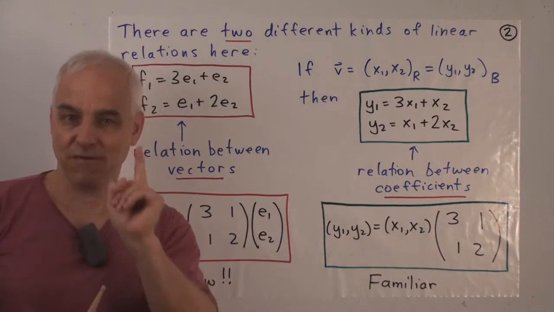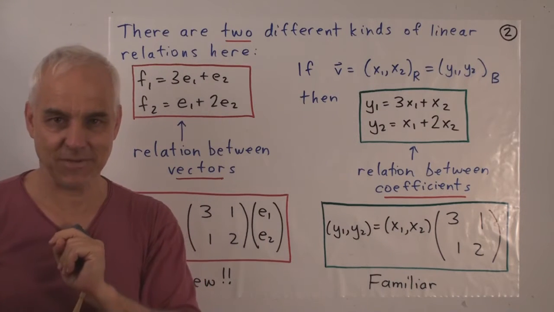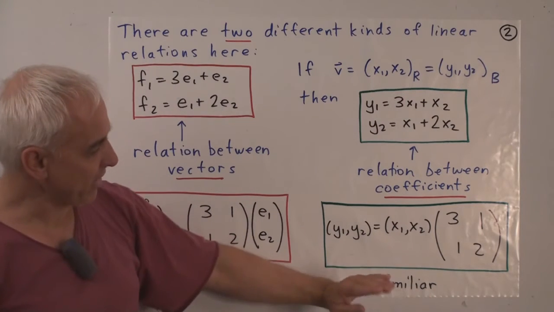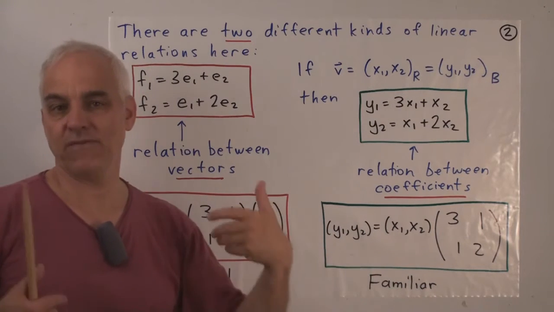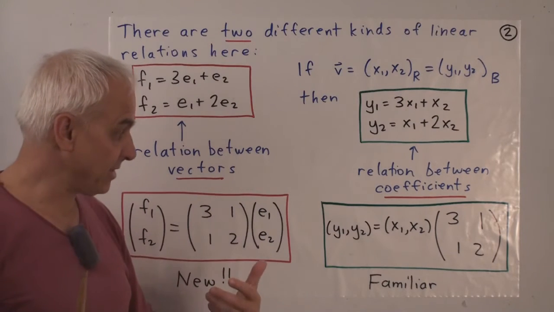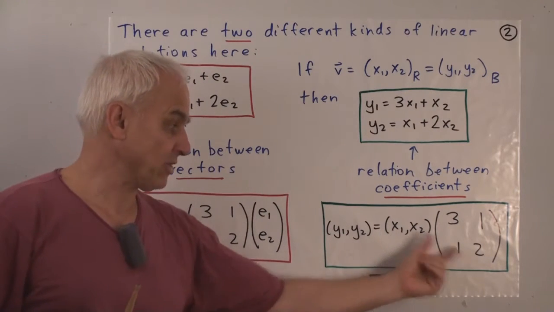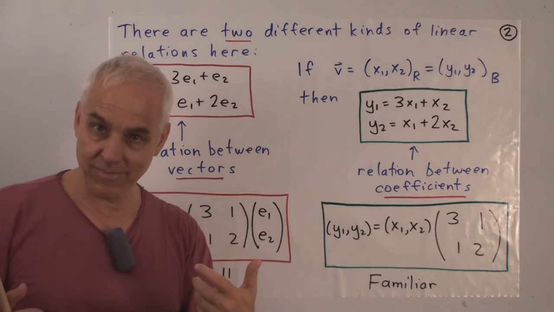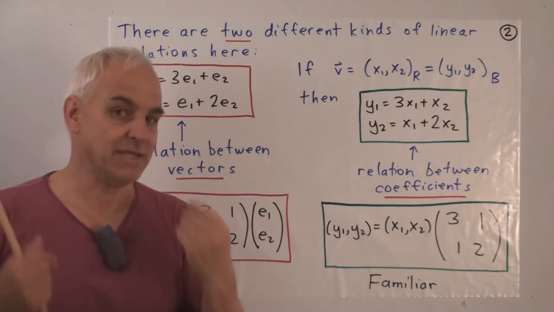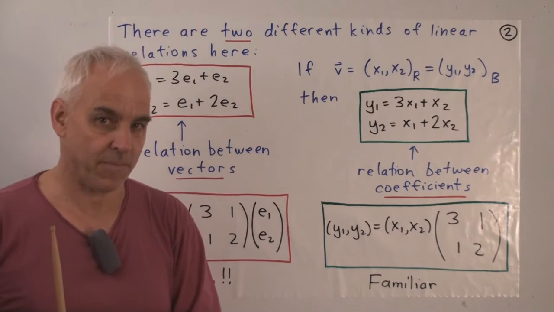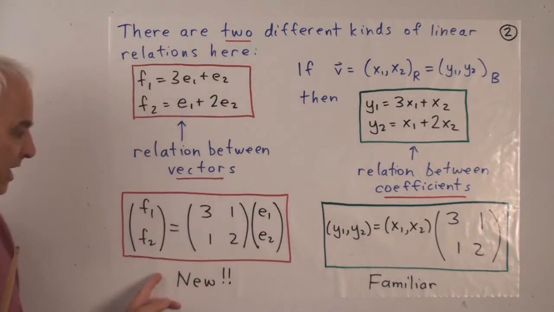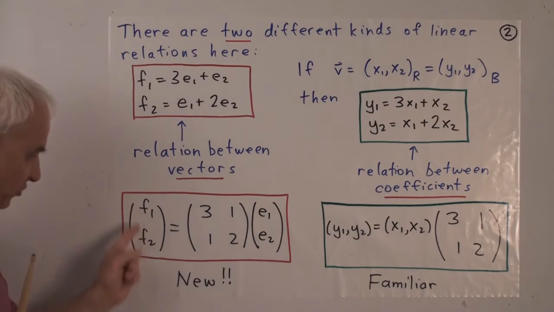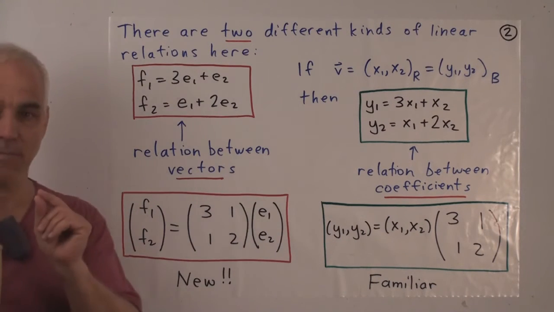But there is a big difference between these two equations. What's the difference? This is actually a familiar one. It fits into the framework that we've established so far because these are matrices or vectors with entries which are numbers. Those are the kinds of objects we've been dealing with so far. But over here, if we look at this carefully, we see that in fact the entries are not numbers.